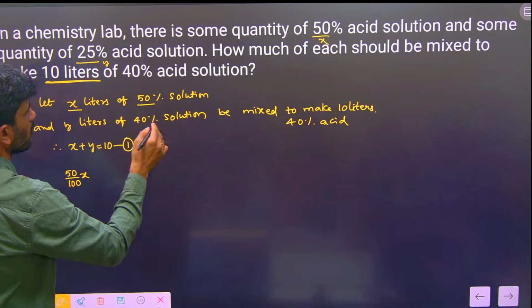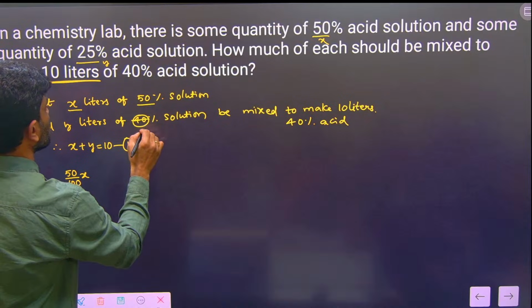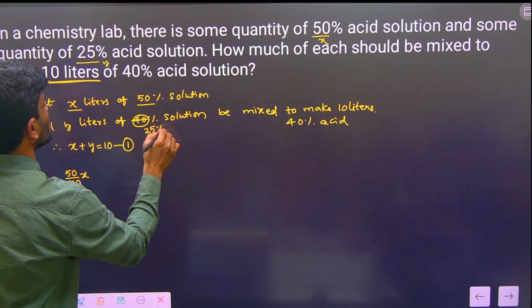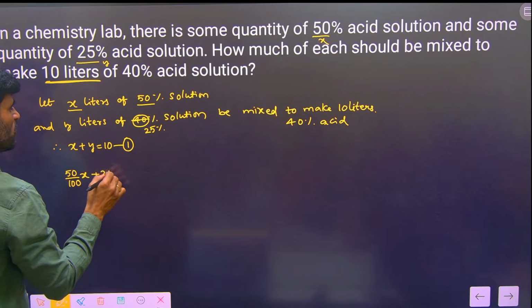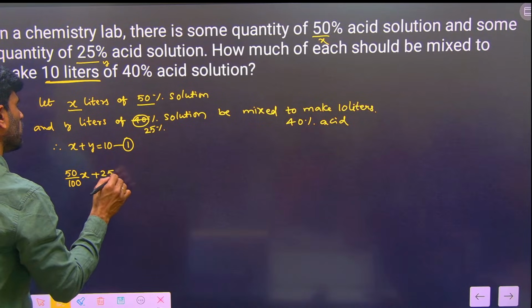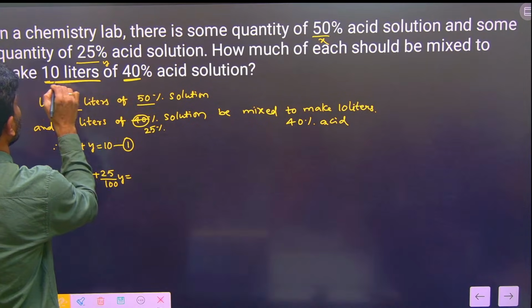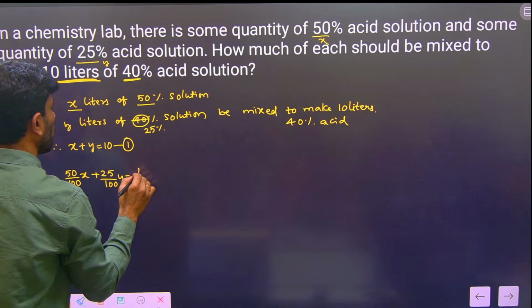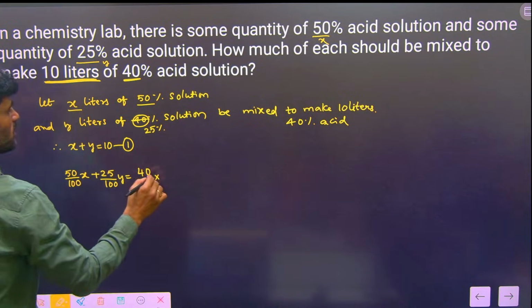And the next one, this is 25%, so y liters of 25%. So 25 by 100 into y is equal to total how much we have to get? 40% of 10 liters. So 40 by 100 into 10 liters total.